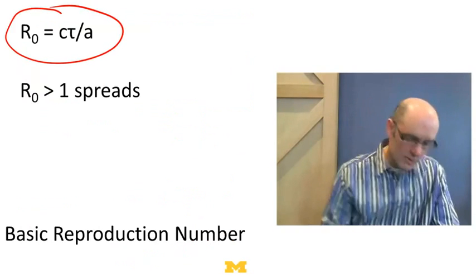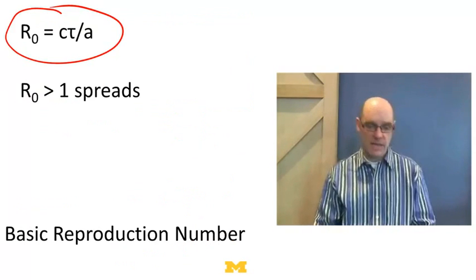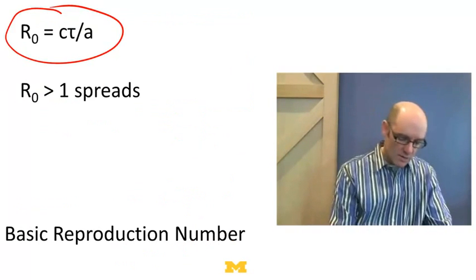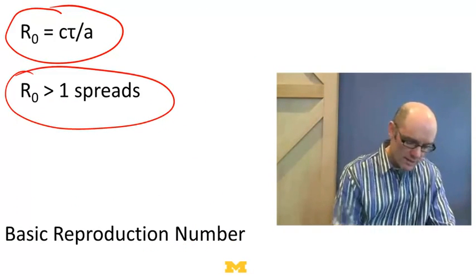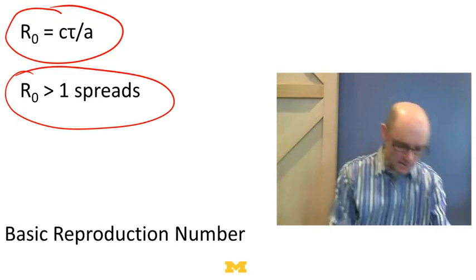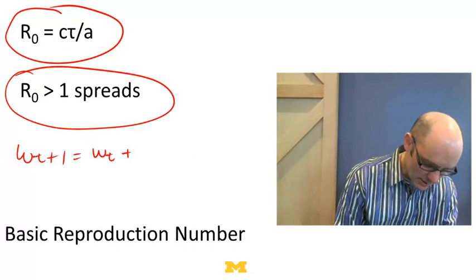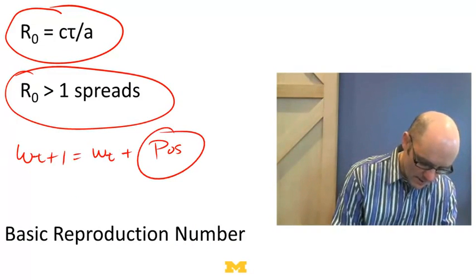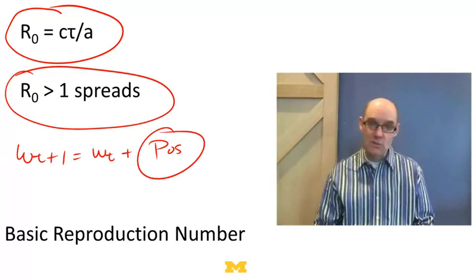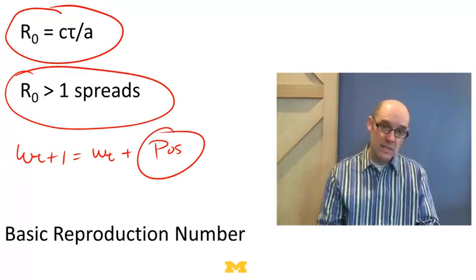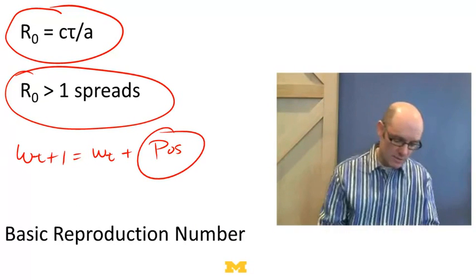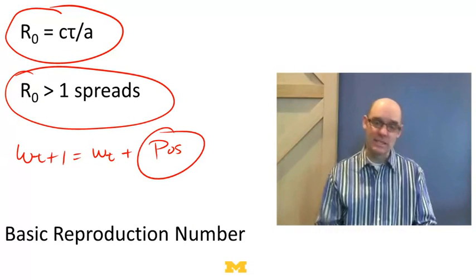We let R0 equal Cτ divided by A. If Cτ divided by A is bigger than 1, the disease spreads, because that means W_{t+1} equals W_t plus something positive. If R0 is less than 1, in other words, if Cτ over A is less than 1, then W_{t+1} equals W_t plus something negative, and the disease dies off.